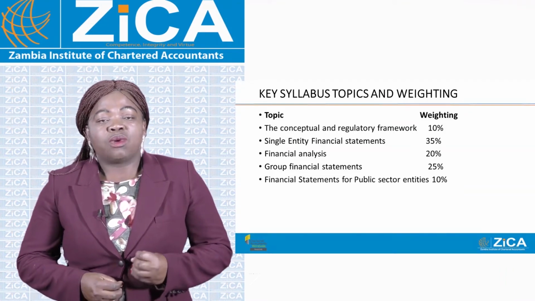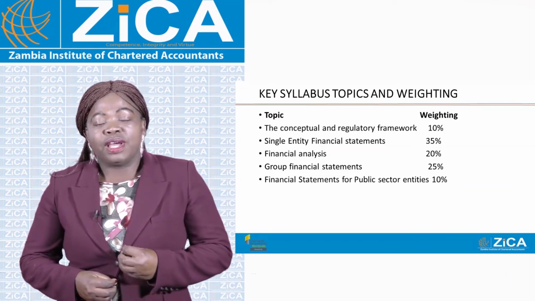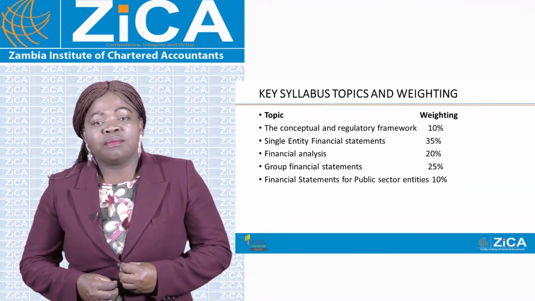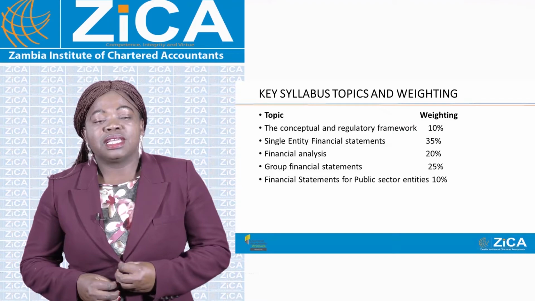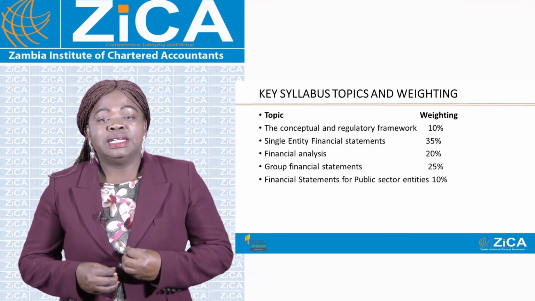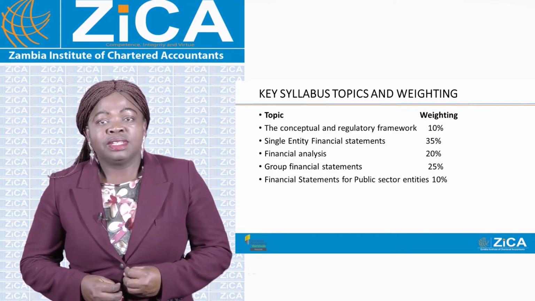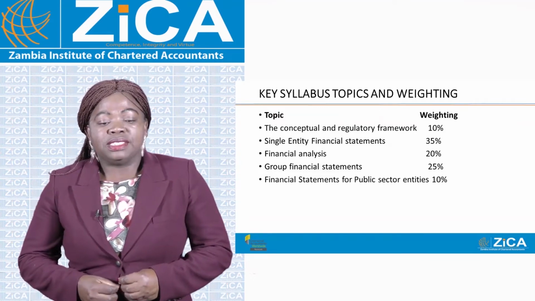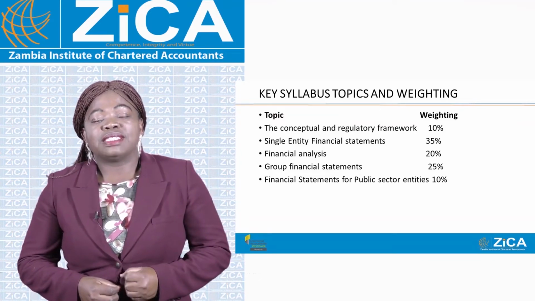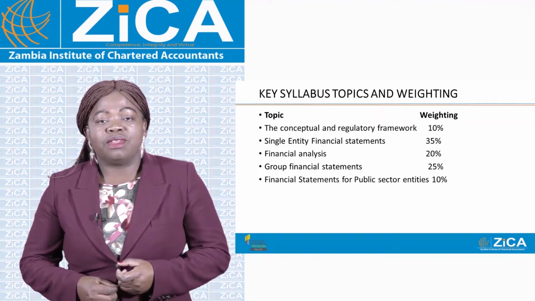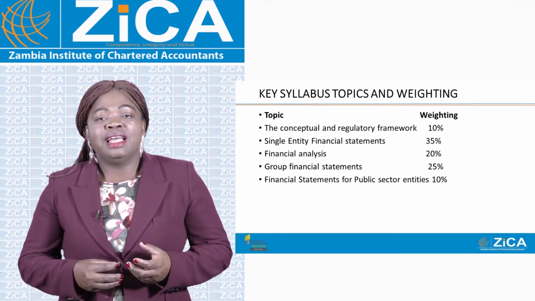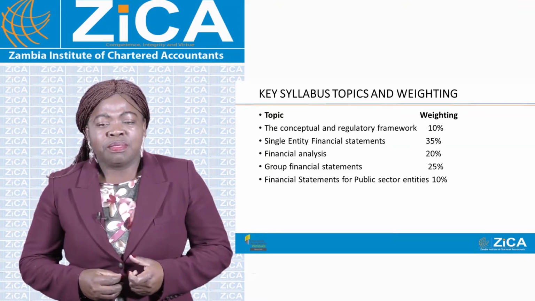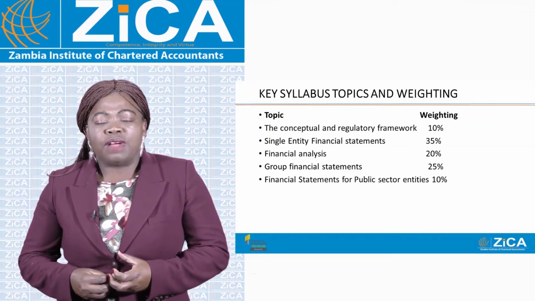In fact, this is one problematic area for a lot of students because the standards that are incorporated give a lot of students a lot of problems in the exam. The other category is financial analysis, which covers about 20% in terms of the weighting. Then we have the group financial statements at 25%, which is a good amount of work also that you need to do.